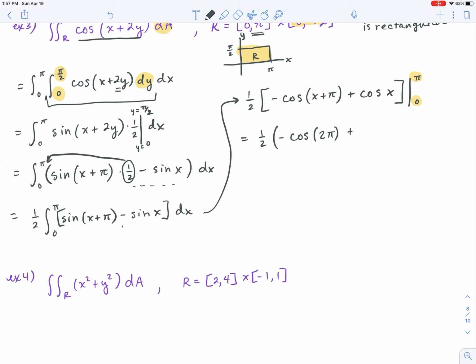Maybe I didn't. We'll see if I get the right answer. Okay, and then plus cosine pi. Then we put in 0, and we subtract. So that's going to be plus cosine pi minus cosine 0.